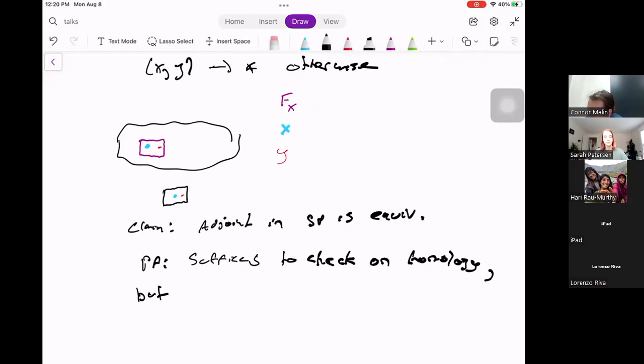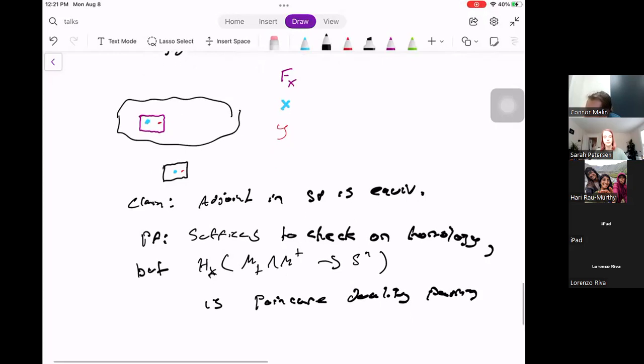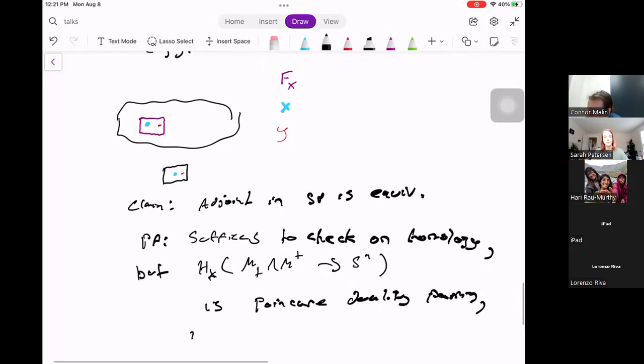So it suffices to check on homology, but if I take H star, this pairing, this is the Poincare duality pairing, which is a so-called perfect pairing.